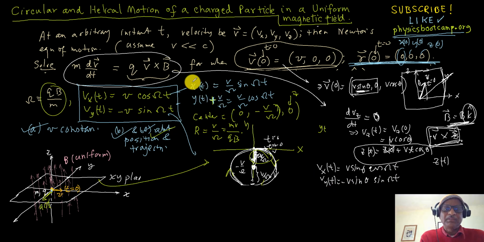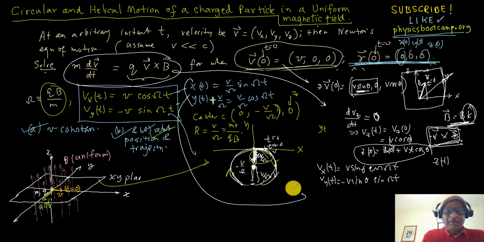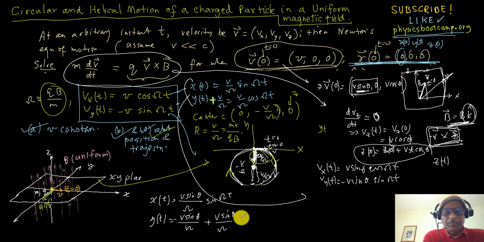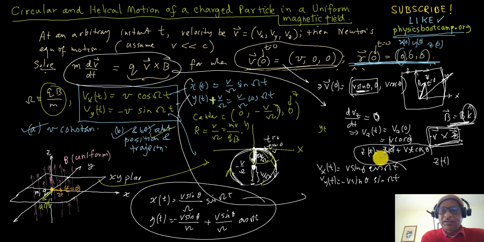And how about these guys? These guys will be very simply x of t will be V sine theta over omega sine omega t, and y of t simply will be V sine theta minus V sine theta over omega plus V sine theta over omega cosine omega t. So these are the answers.